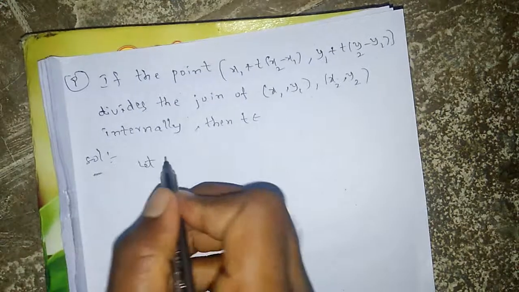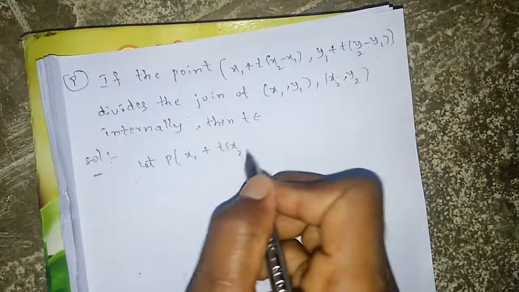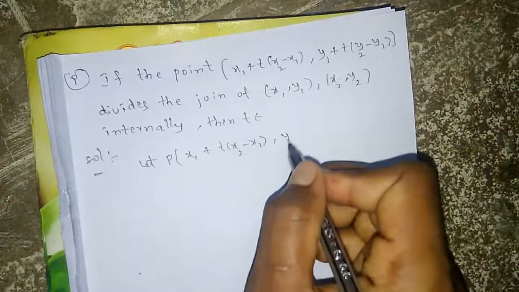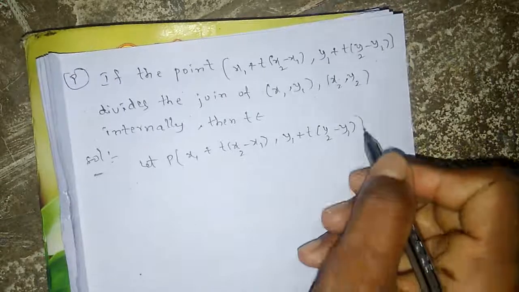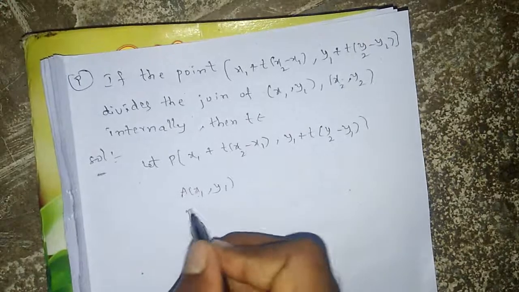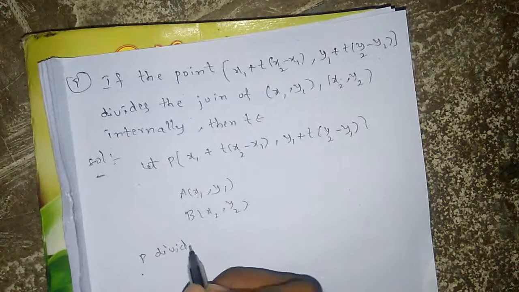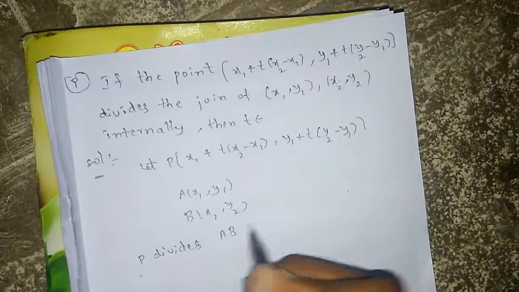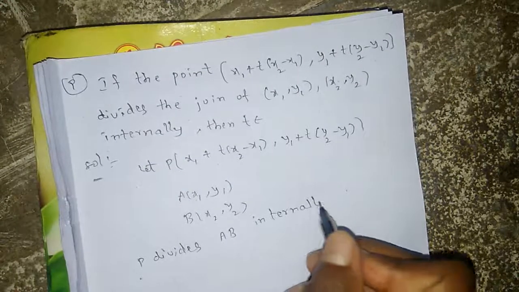So let P be (x1 + t(x2 - x1), y1 + t(y2 - y1)), A is (x1, y1), B is (x2, y2), and given that P divides AB internally.